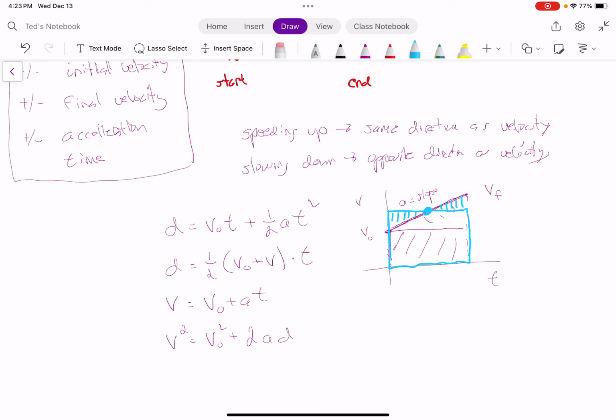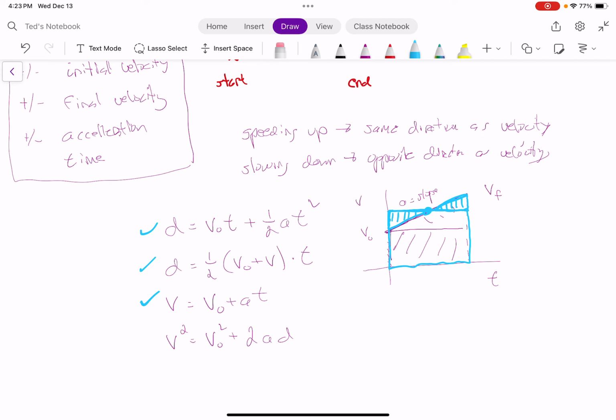Why is it the exact same area? Because it's missing a piece over here, but it's got a piece over here the exact same size that it has extra, and so the area of that rectangle is the exact same as the area of the trapezoid. So this is also just a way to find the area under the curve.